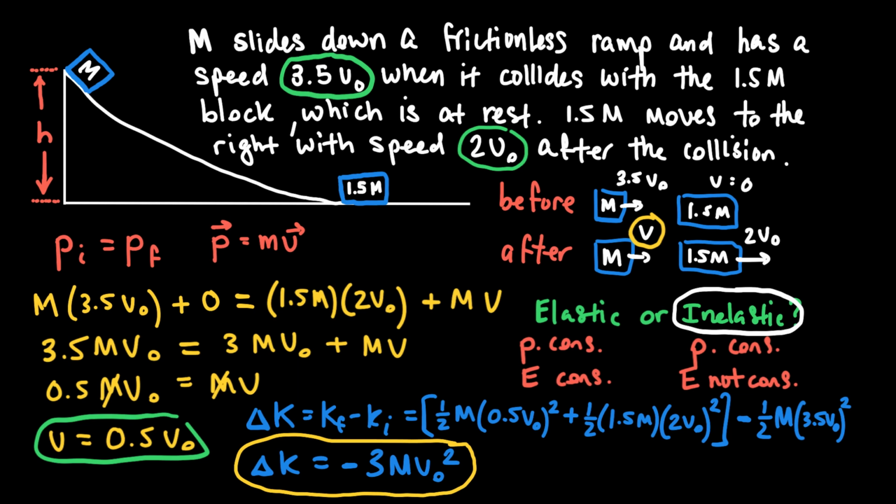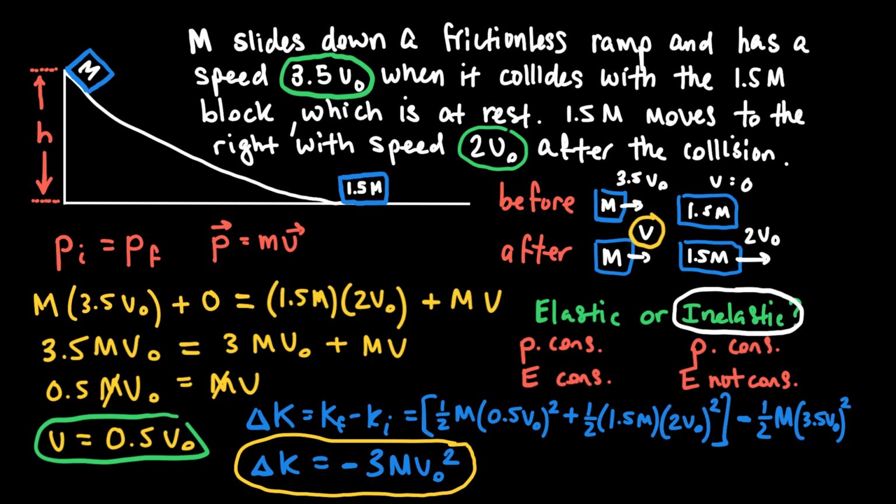Here, after the collision, the two boxes are moving with two different speeds, 2 v0 and 0.5 v0. Those are the two different speeds of the blocks after the collision. And since they have different speeds, they must not be stuck together. So just because a collision is inelastic doesn't mean that the objects stick together. Inelastic collisions are defined by the fact that energy is not conserved.